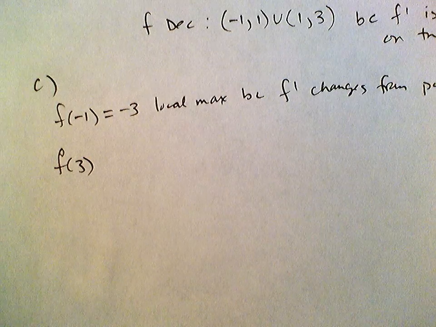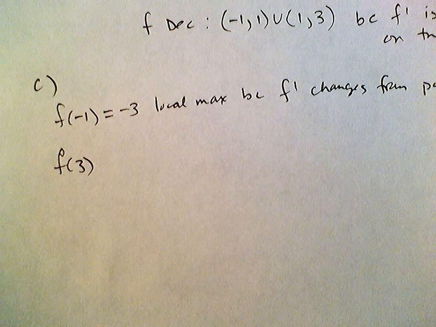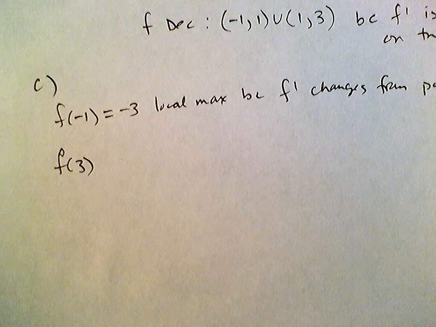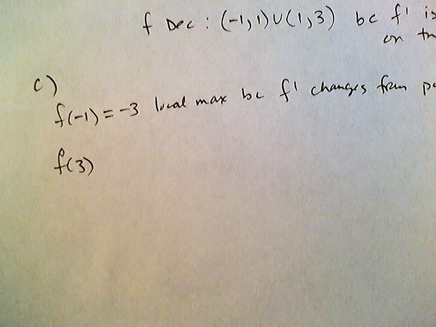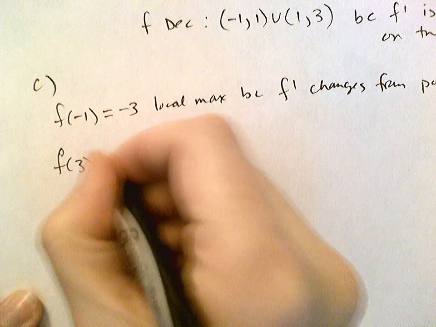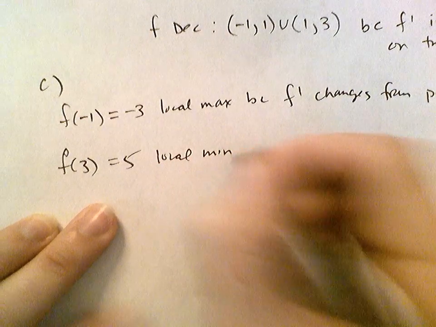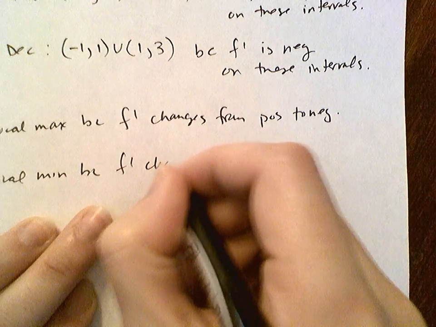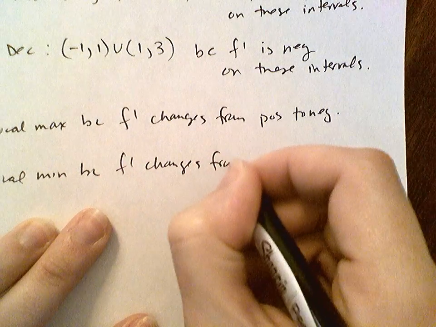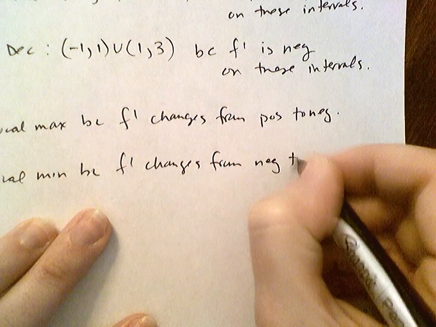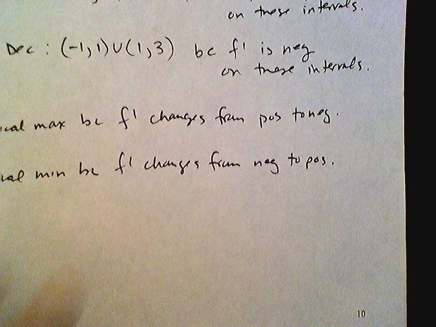We have 9 minus 3 plus 4. So I think we get 5. 5 is a local min because f prime changes from negative to positive.